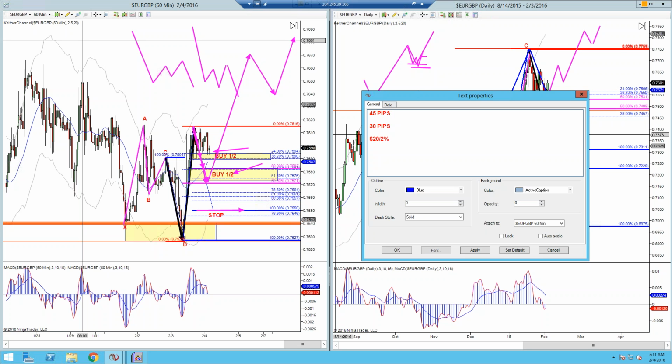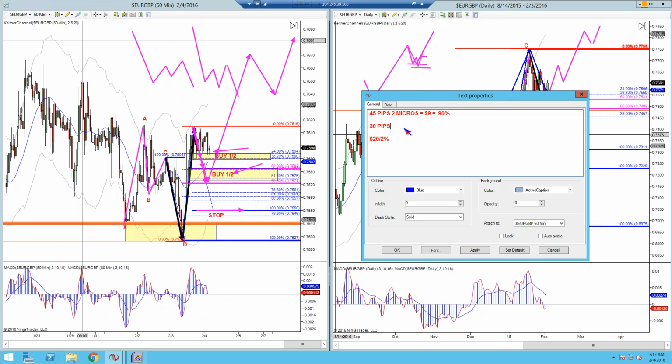So on our first trade, we're going to risk, say, 1% going down here. We're looking at 2 micros, equal $9, which is 0.90% risk.